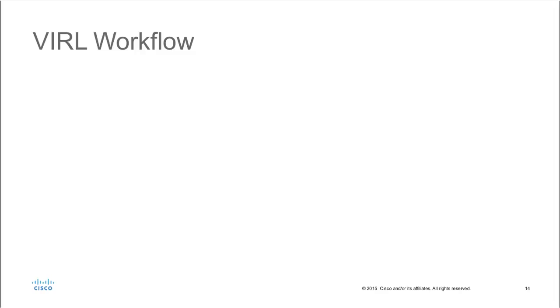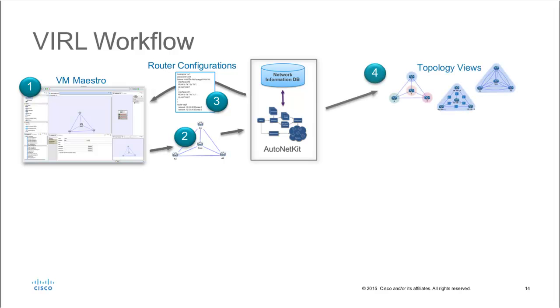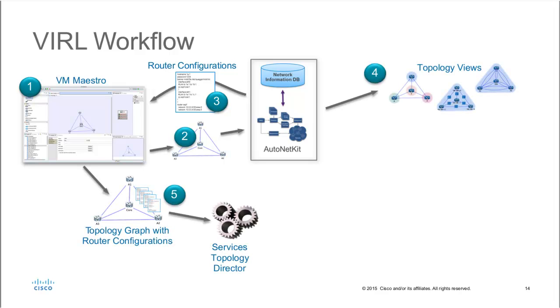So when we look at the system end-to-end, we're starting off designing our environment, building our configuration up and saying, okay, this is the topology that we want, setting our various parameters. We may push the button. We don't have to, but we can push the button to build our configurations. And we get our topology diagrams as we mentioned. If we're happy with that and we're ready to launch, we're then passing that off to the Service Topology Director.